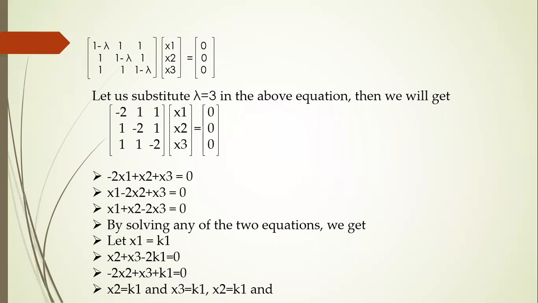Let us consider this matrix, and we get the equations: minus 2x1 plus x2 plus x3 equals 0, x1 minus 2x2 plus x3 equals 0, and x1 plus x2 minus 2x3 equals 0.